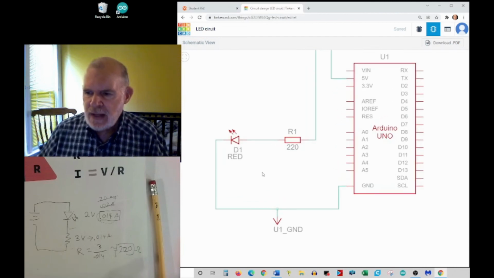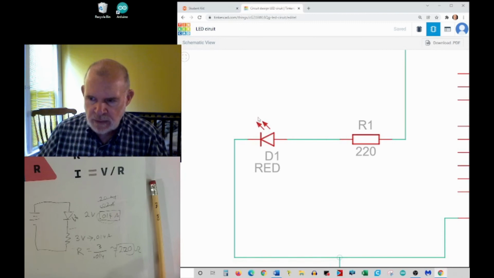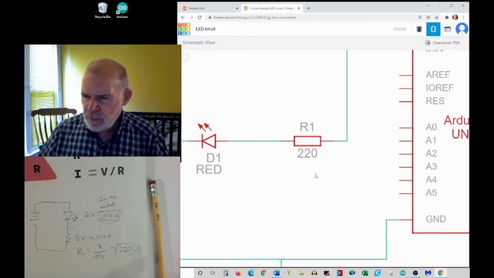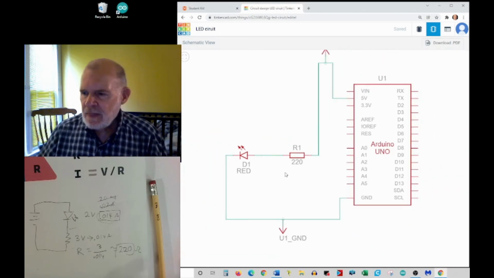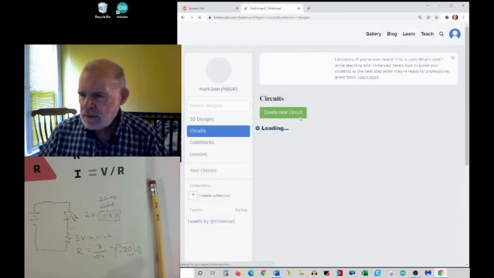Now it doesn't use exactly the same symbols, but notice for the diode, it's got the diode symbol with the light coming off it. For the resistor, they just show it as a rectangle. A lot of times people will draw that little zigzag line. In this case, I've got an Arduino here. Let's go back and show you another one.